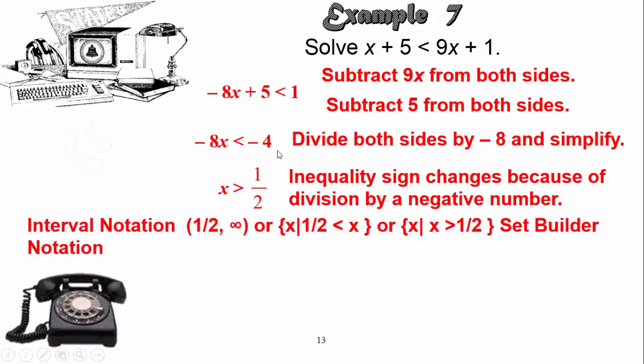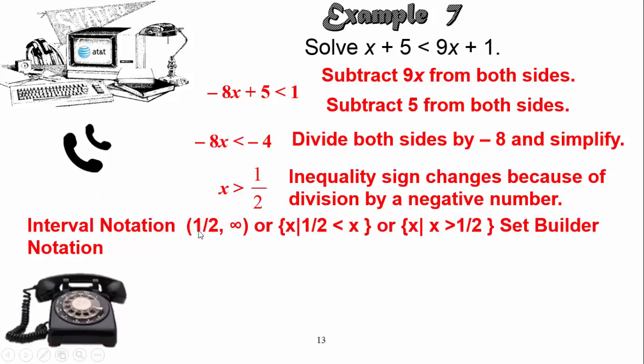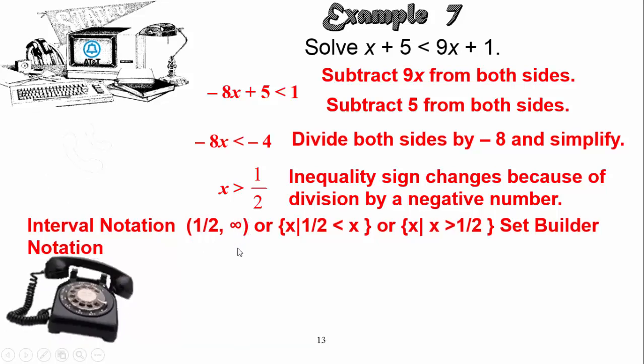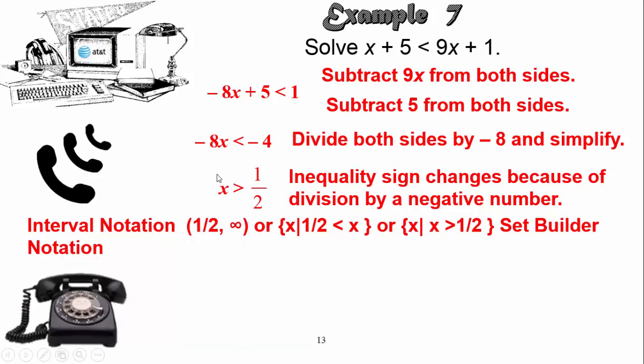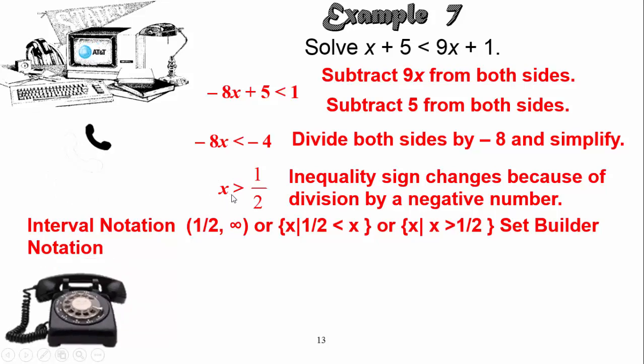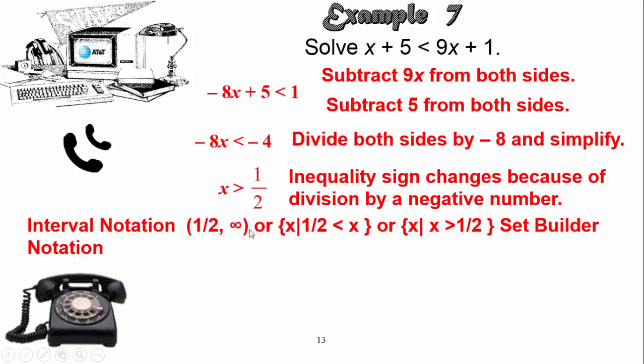In interval notation, we write this as round bracket, 1/2, positive infinity, close the round bracket. We know it's positive infinity because x is on the broad side of the inequality sign, so we write the positive infinity here and close that with a round bracket.